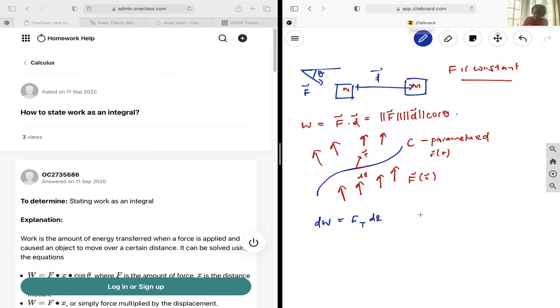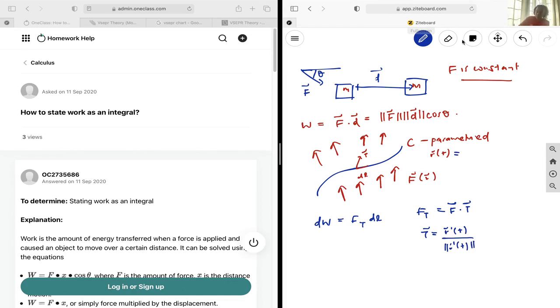We know that the tangent force is just the dot product of the force and the vector that is tangent. And lastly, we know that the tangent vector is going to be equal to the derivative of the vector describing the path over the magnitude of that derivative.